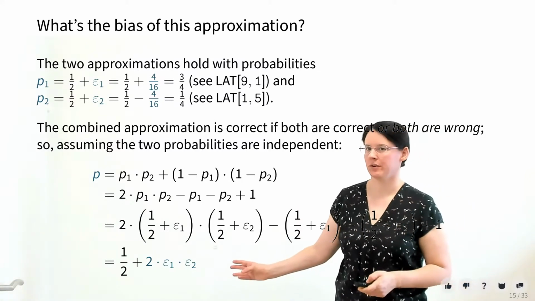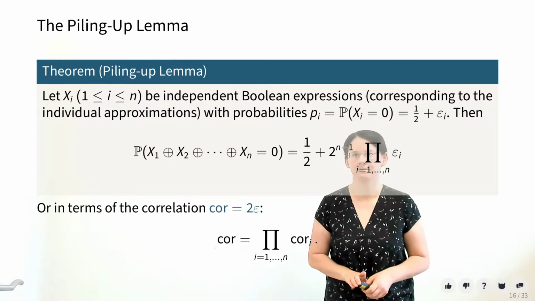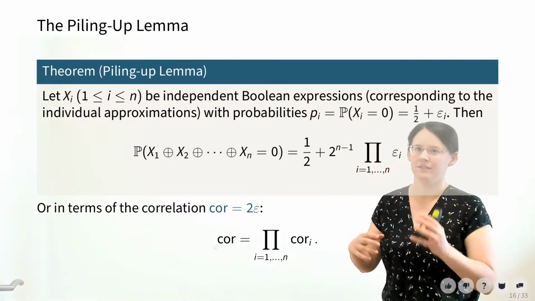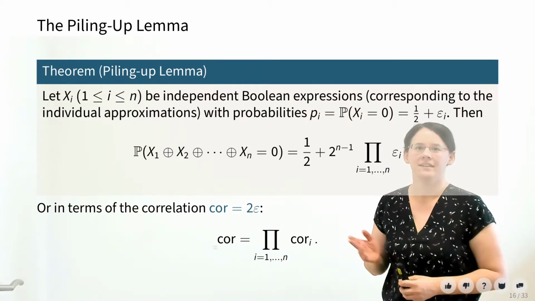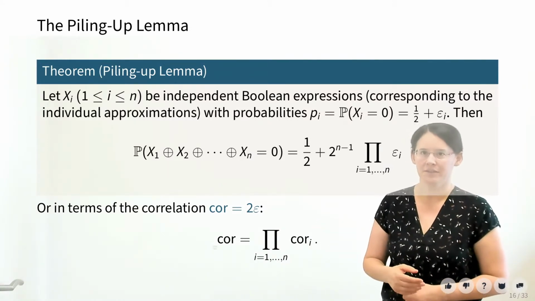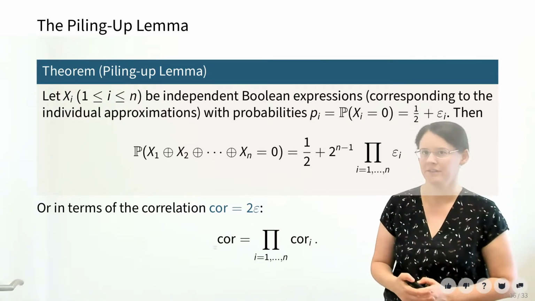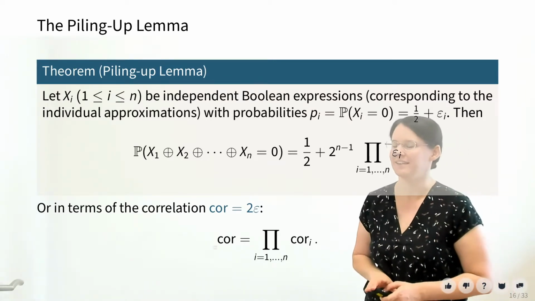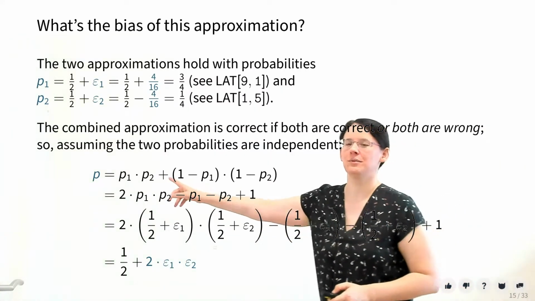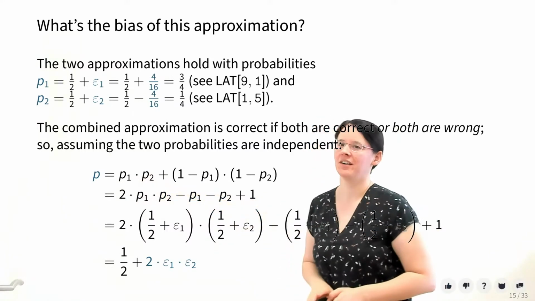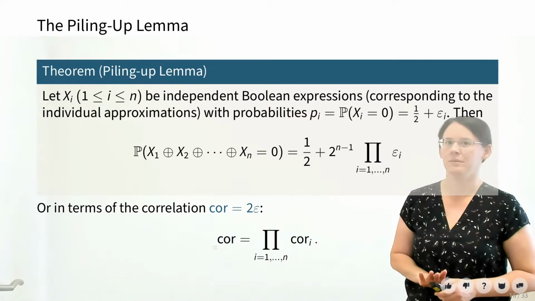And this very important insight is called the piling up lemma, because the individual probabilities sort of pile up. And it can be formalized like this here. So if we are looking at independent Boolean expressions, this is a tiny little assumption that we made previously, namely that these two equations are correct independently of each other. Anyway, let's assume that they would be independent.